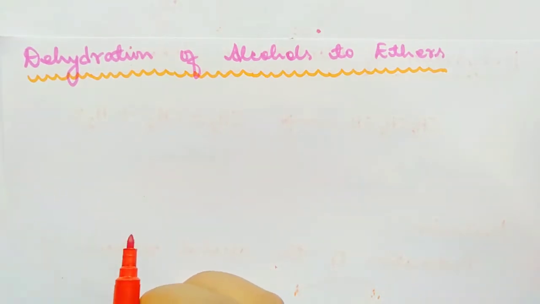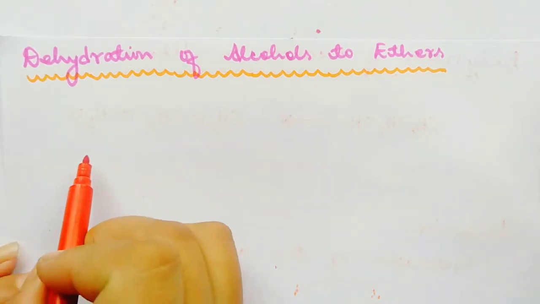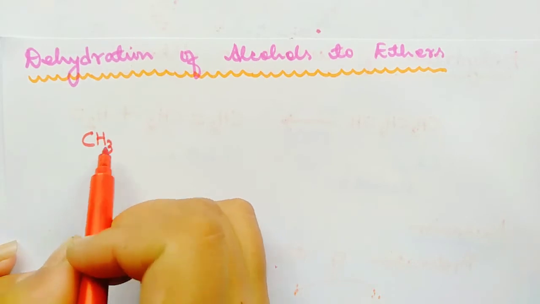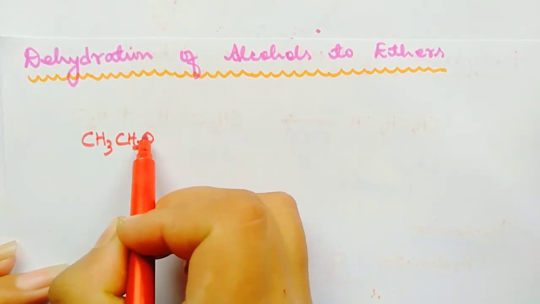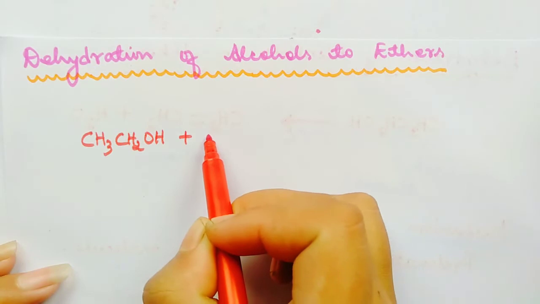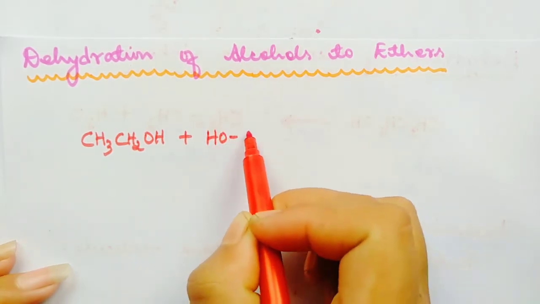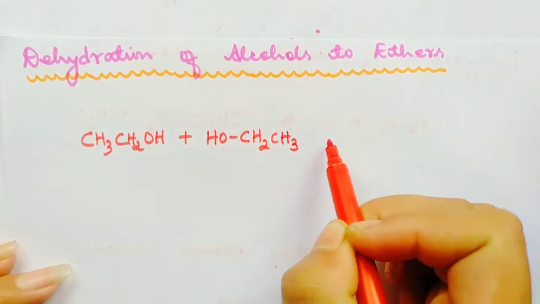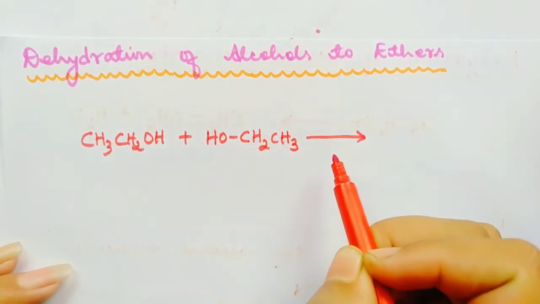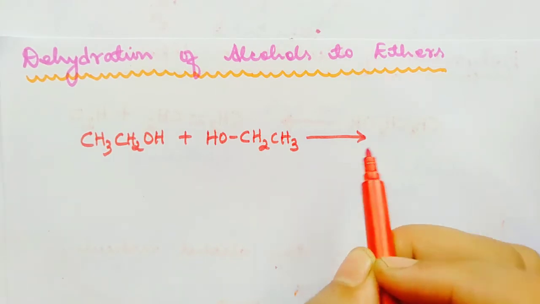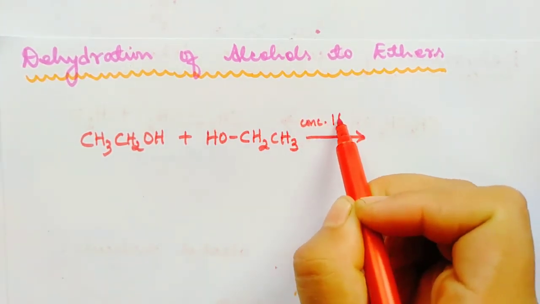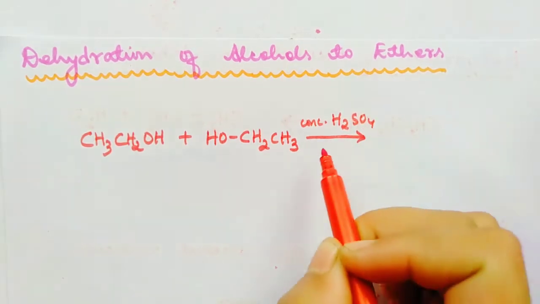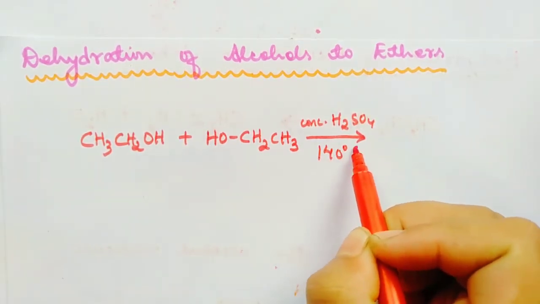Here we have to use excess of alcohol. Let's take an example of an alcohol, say ethyl alcohol. So we treat excess of ethyl alcohol with concentrated sulfuric acid at 140 degrees centigrade.